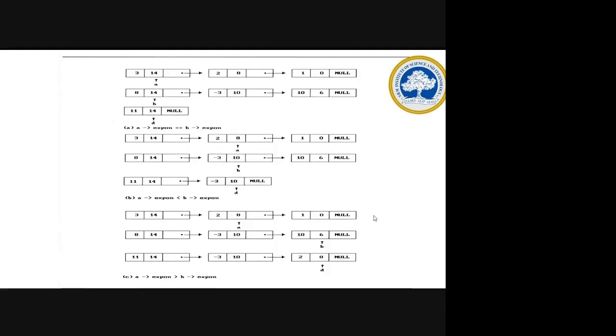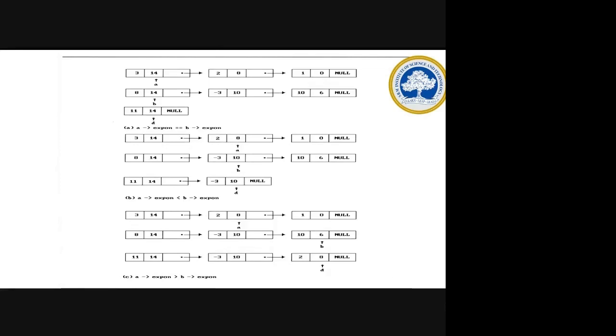And so here we need the list in decreasing order of what, ma'am? Exponents. Yes, it should be in the same order, like 14. Your answer will be 11 x power 14, that is 11 14, then minus 3 10, then 2 8 should come, 2 8, then 10 6, then 1 0 will come.